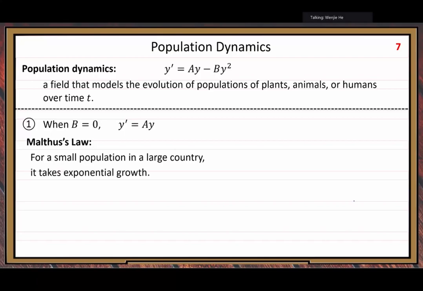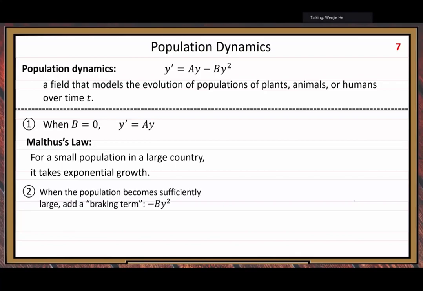It takes exponential growth. So based on the Malthus law, the population takes exponential growth. At the early stage, it's correct. But sooner or later, it's not correct.